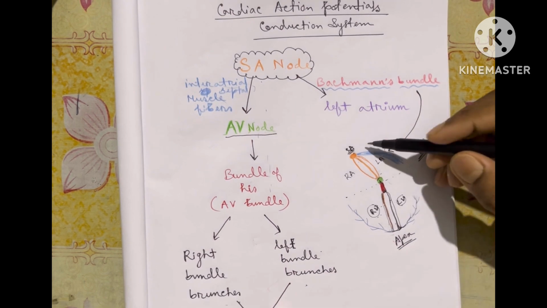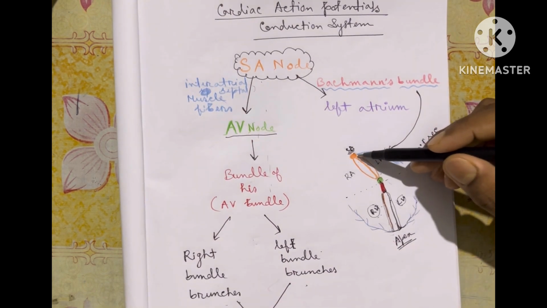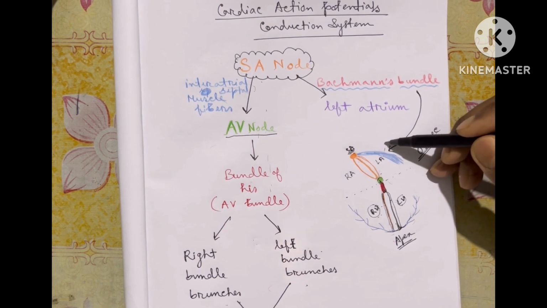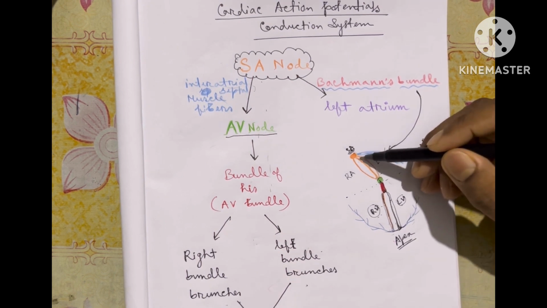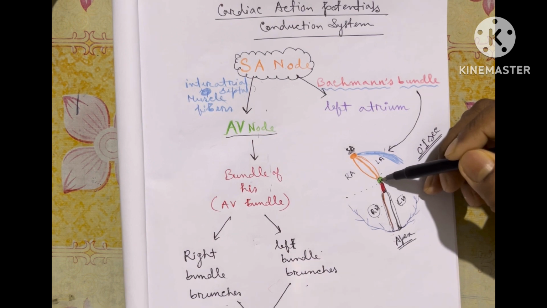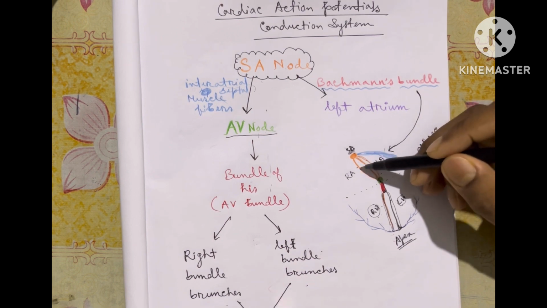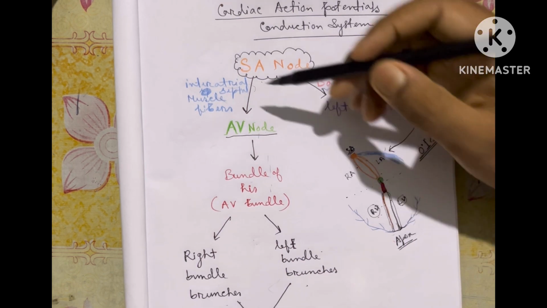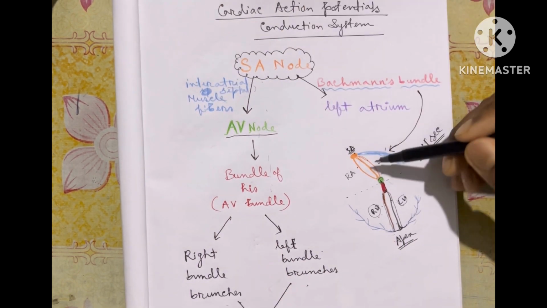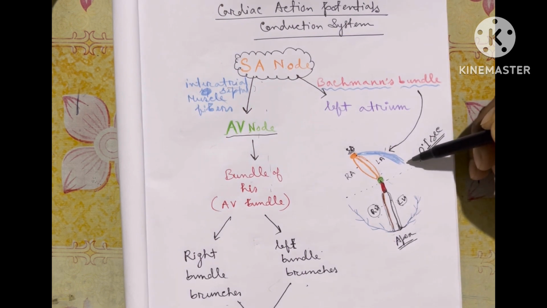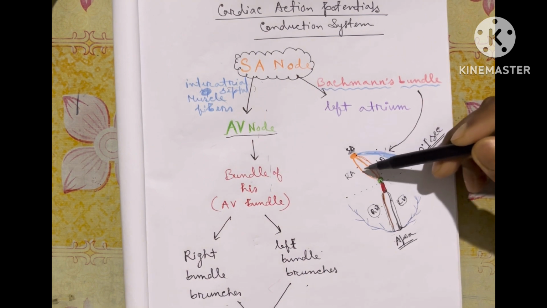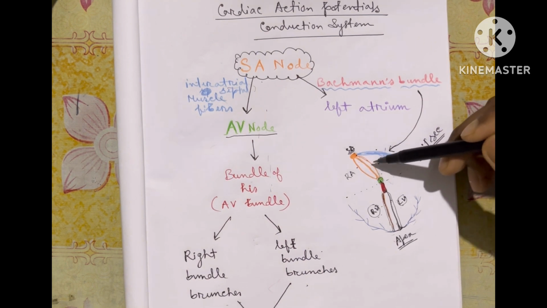So the signal generated from the SA node goes towards the left atrium via the Bachmann bundle, and the AV node receives those signals via the fibers present at the interatrial septum. So the SA node transfers the signal towards the left atrium via the Bachmann bundle, and towards the AV node via the interatrial septal muscle fibers.